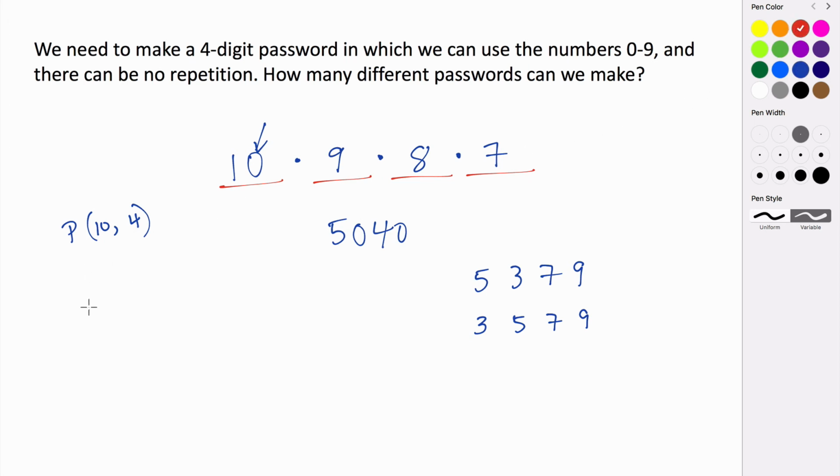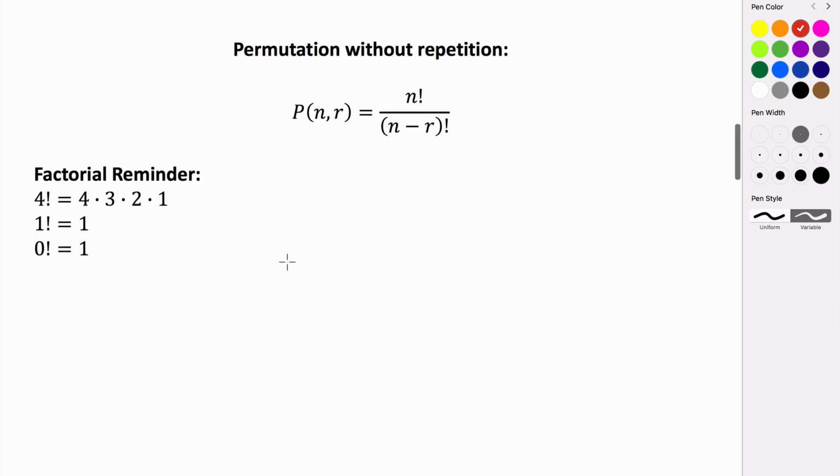You may have seen before this notation, 10P4. These mean the exact same thing. Our book just uses this notation. So this again was something called a permutation without repetition. And we see this notation here.